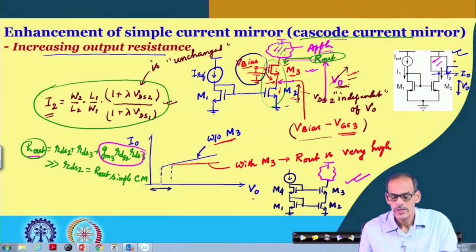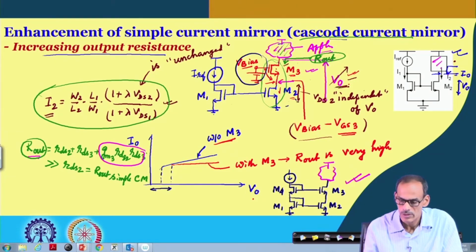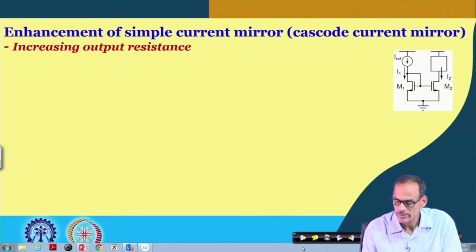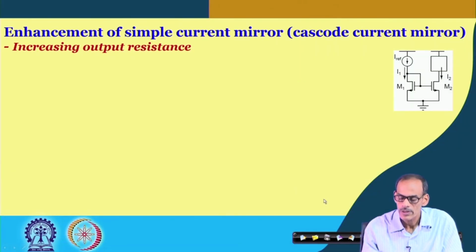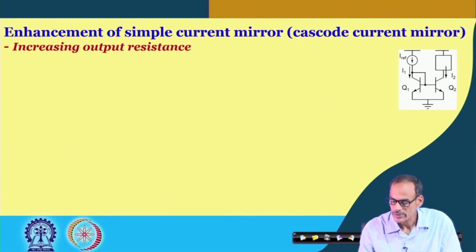So, in the same way, if you consider the BJT version, there also we have the possibility of improving the output impedance by means of a cascode structure.